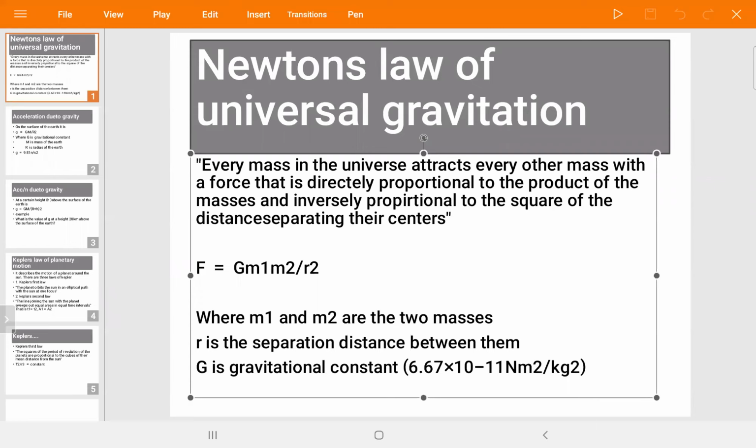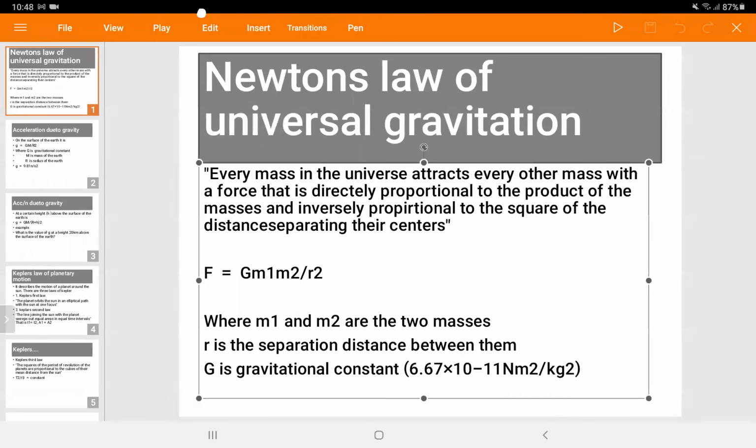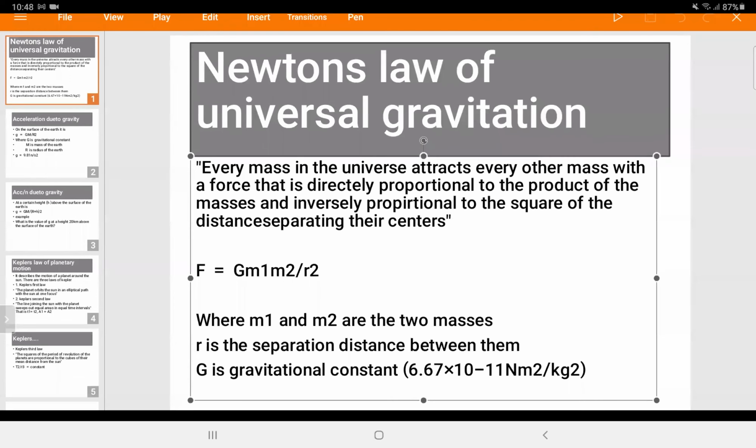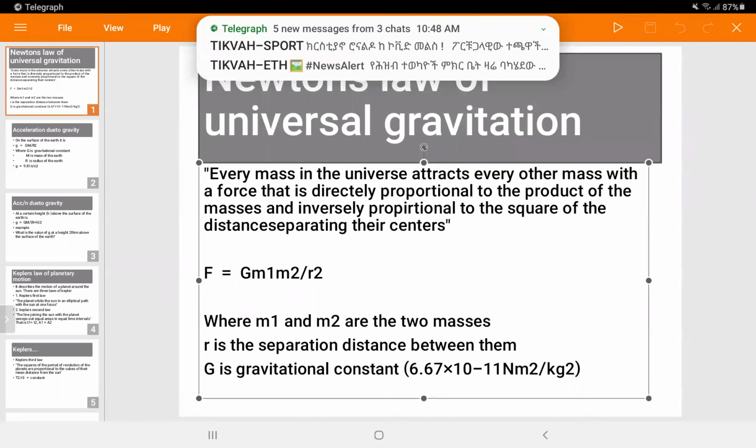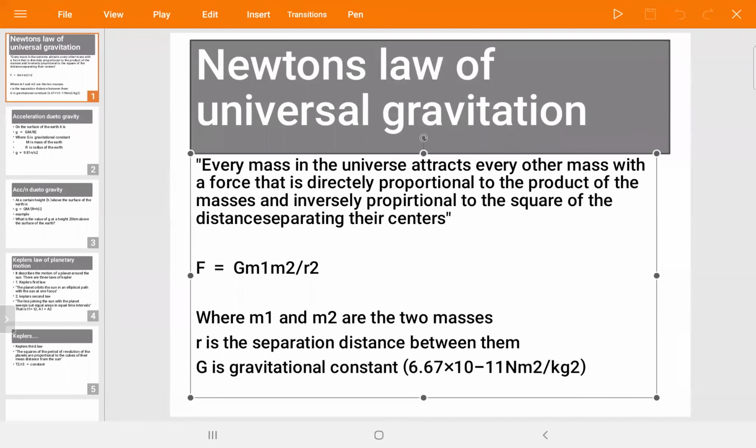Therefore, it is governed by the inverse square law. When you say inverse square law, the magnitude of the force does not depend simply on the separation distance, but depends on the square of the separation distance. So it holds the inverse square law.